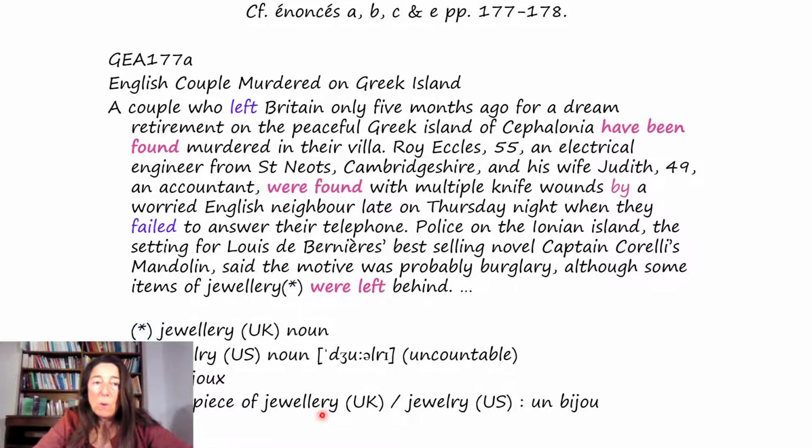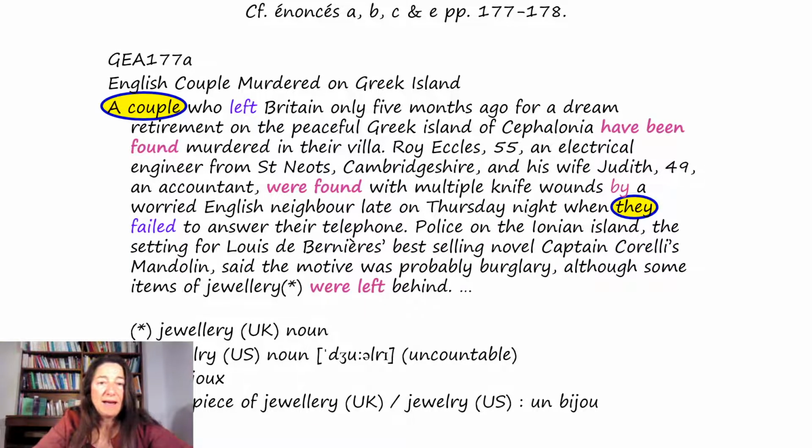So now, why do we have the passive voice? Why do we have the active voice? Well, in either case, whether we choose to use the active voice as here in left or there, they failed.